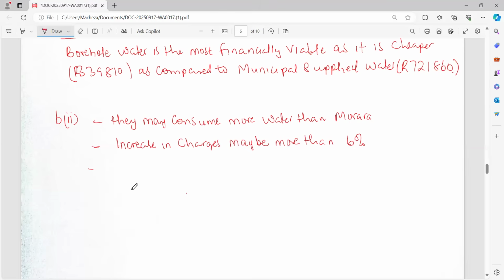Do you think their fixed costs are going to be the same? The fixed cost might also be different. You just say anything that is related to that scenario.